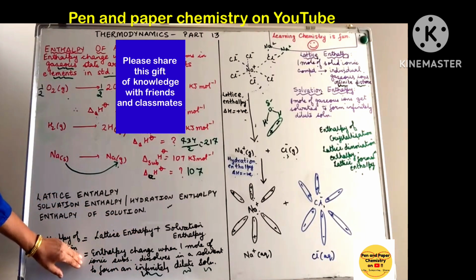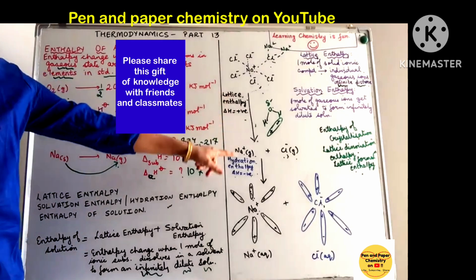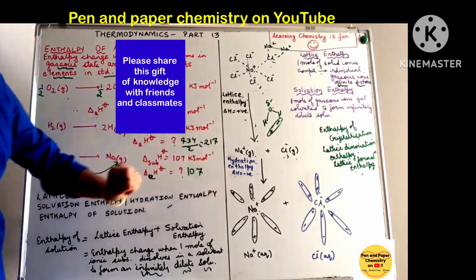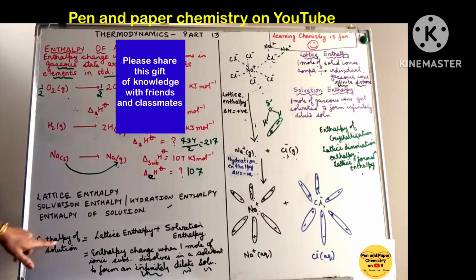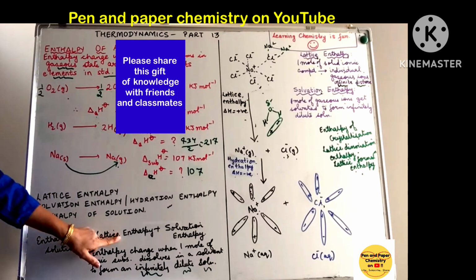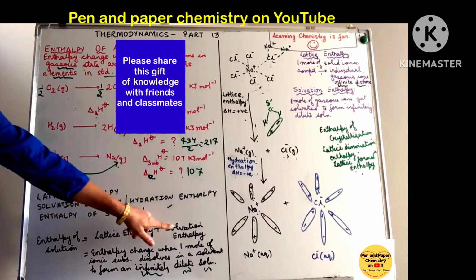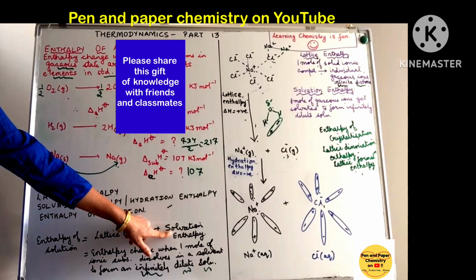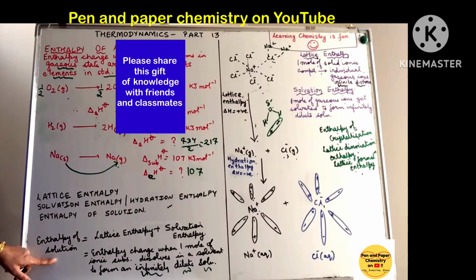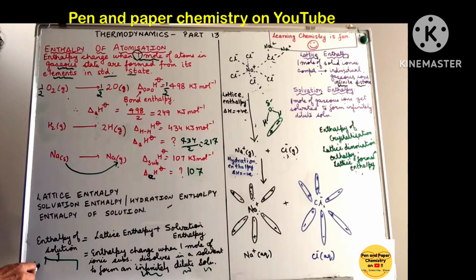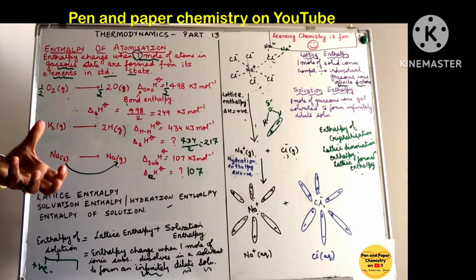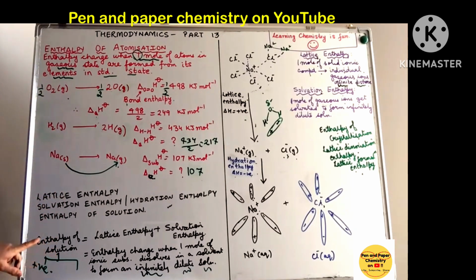Now, this enthalpy of solution involves two enthalpies, the lattice enthalpy and the hydration enthalpy. Hence, our enthalpy of solution is nothing but the culmination of lattice enthalpy and solvation enthalpy. Whether our solution will be endothermic or exothermic, that means whether on dissolving a salt in water the test tube becomes cold or hot, will depend on the enthalpy of solution.